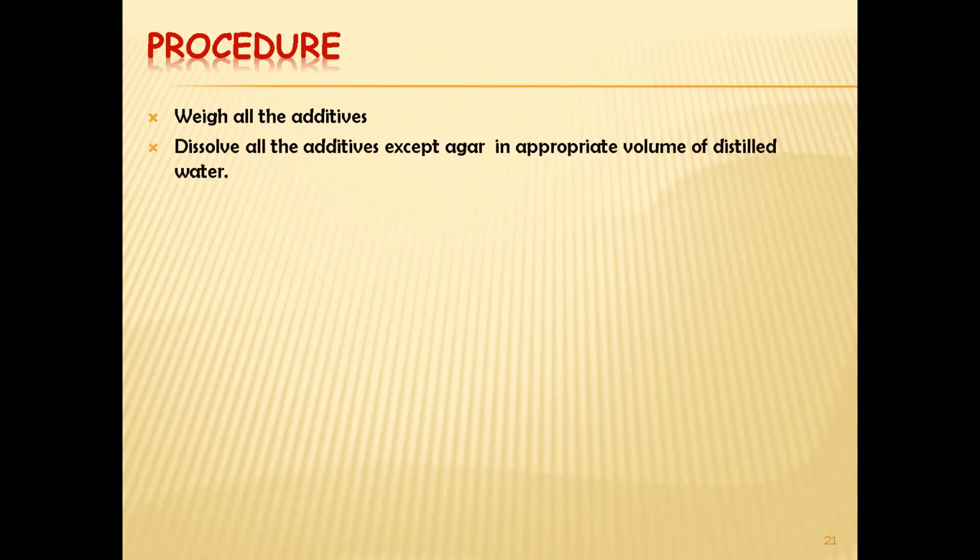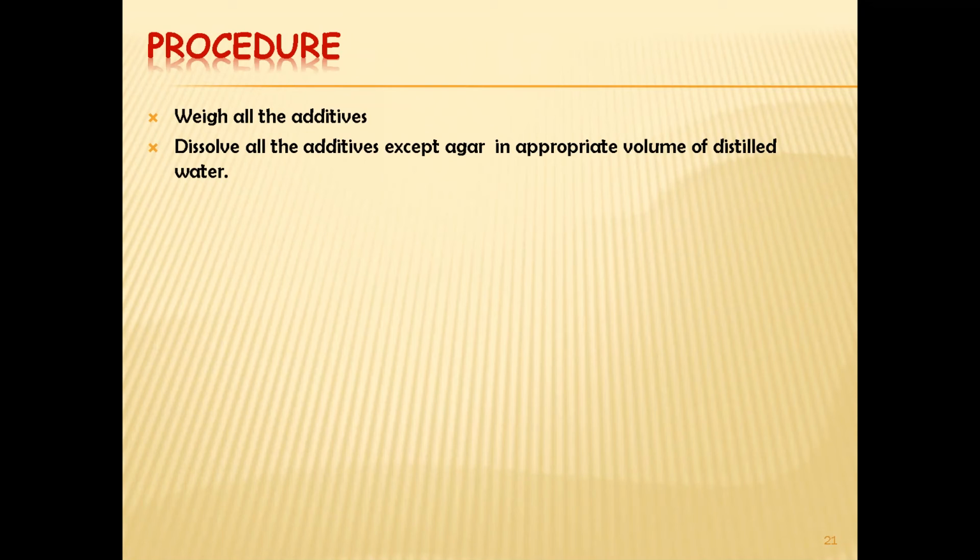Now we'll see the procedure which we have already seen. That is, weigh all the additives, and dissolve all the additives except agar in an appropriate volume of distilled water. So we have prepared 200 ml.